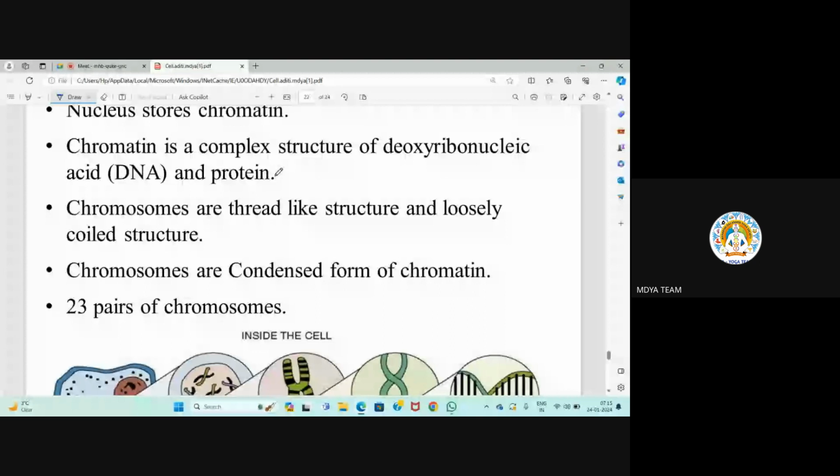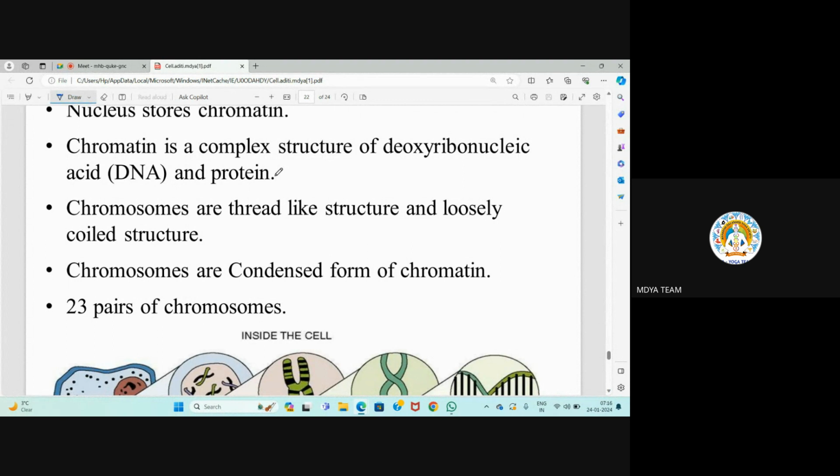Chromatin is a complex structure of deoxyribonucleic acid and protein. Deoxyribonucleic acid means DNA, the abbreviation you are all familiar with. So chromatin is a combined structure of DNA and protein.